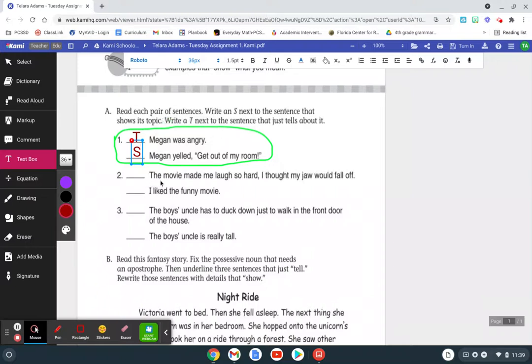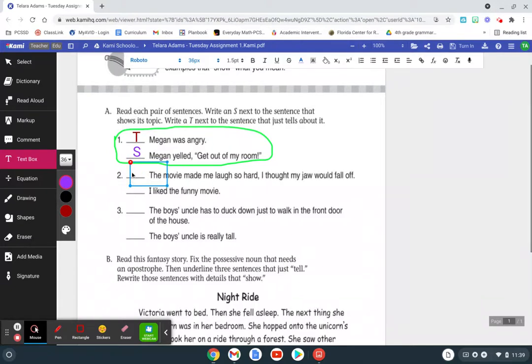Number two, let's look at the second pair. The movie made me laugh so hard, I thought my jaw would fall off. I liked the funny movie. Which sentence is showing its topic and which sentence is telling?